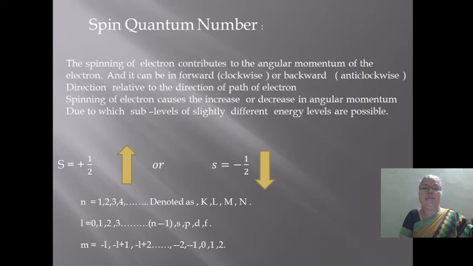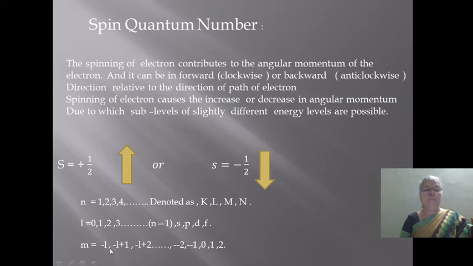They are represented by K, L, M, N, etc. Then L equal to 0, 1, 2, 3, up to n minus 1, and these are represented by S, P, D, F, and they are known as sub energy levels.